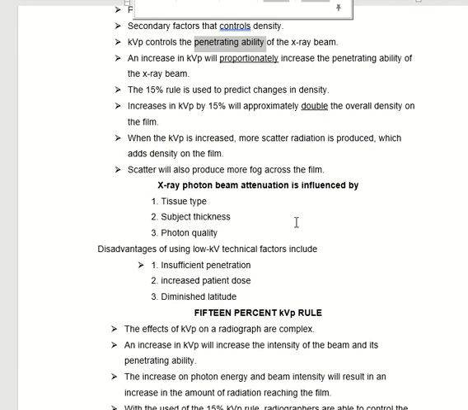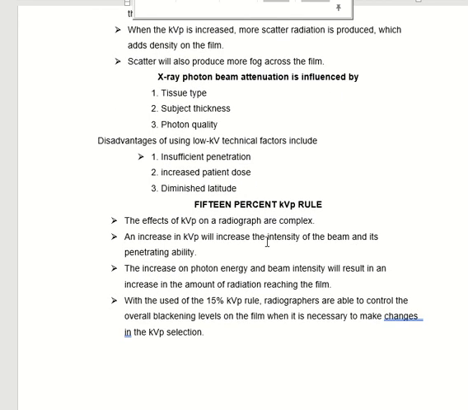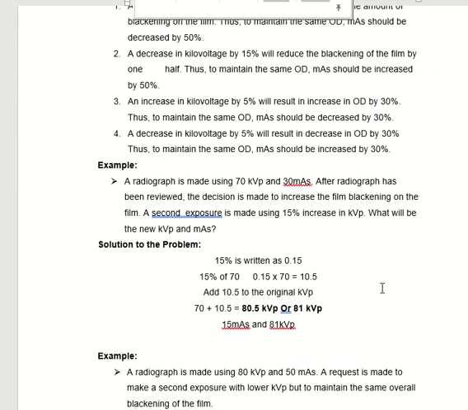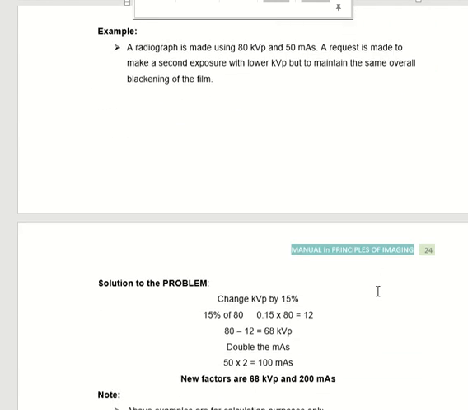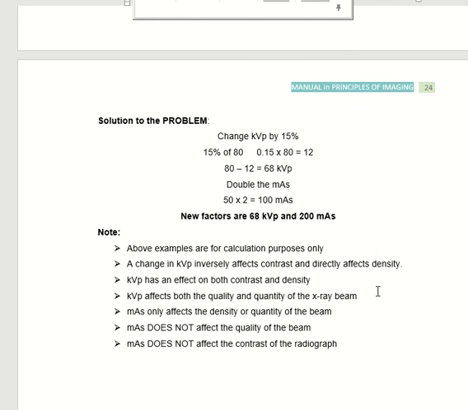Okay, so na-discuss ko na siya. Scatter radiation, produce more fog. Discuss ko na ito. Ito na yung 15%. Na-discuss ko na rin. So, take note.